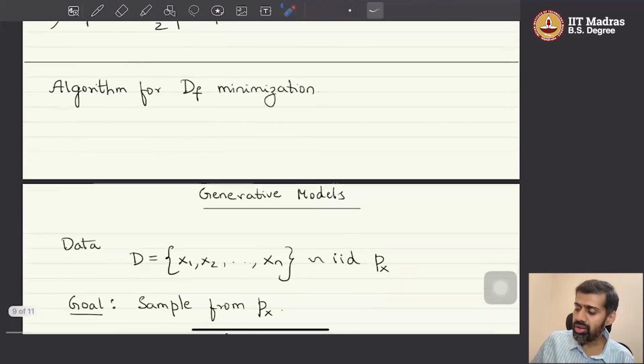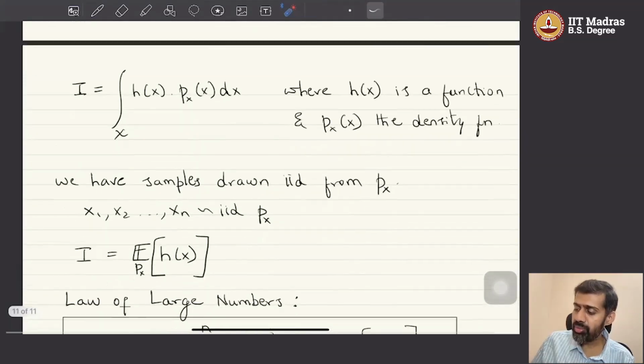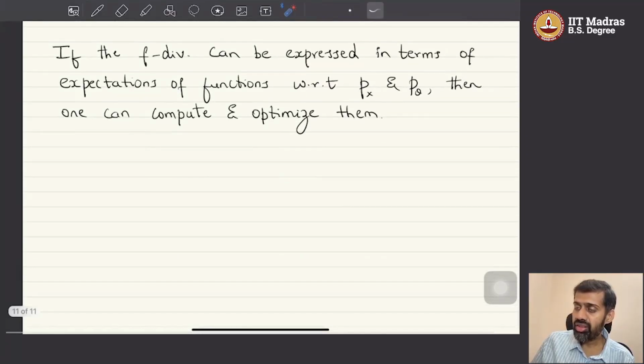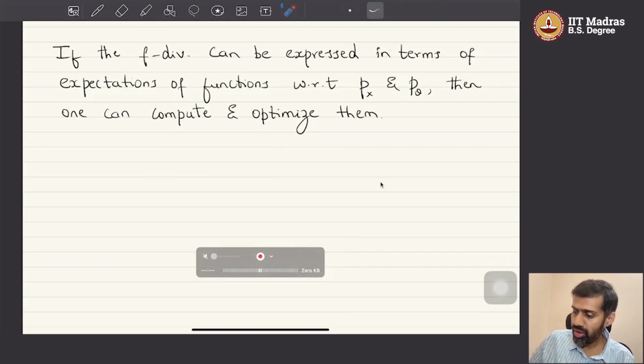It turns out that one can actually represent the F divergence in terms of expectations over p theta and px. So, that is what we are going to see right now.